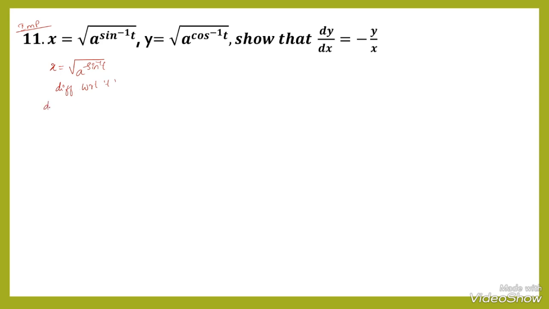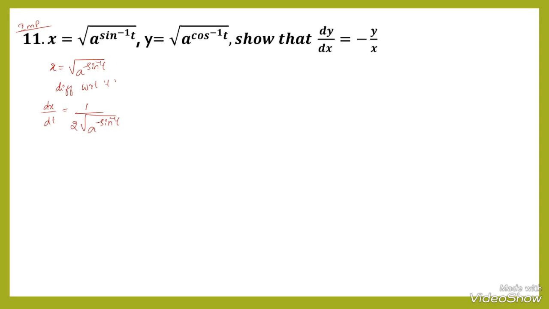Then dx by dt is equal to differentiation of root. What is the differentiation of root x? That is 1 divided by 2 into root x. In place of x, we have a to the power sine inverse of t.